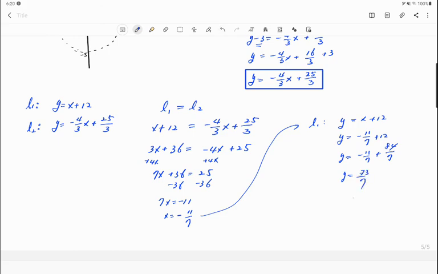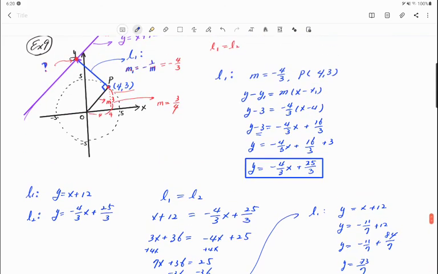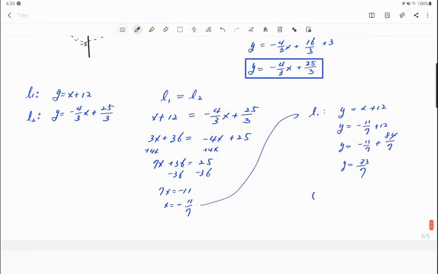So the intersection of the blue line and the purple line is when x is negative 11 over 7, the y coordinate is 73 over 7. So that's the intersection.